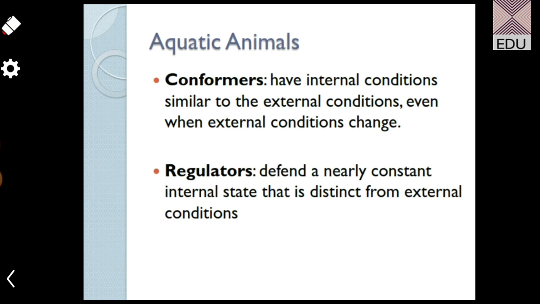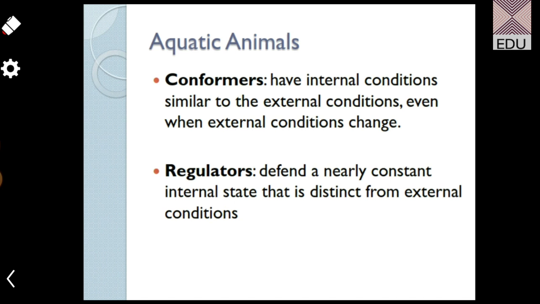So they have internal conditions similar to the external conditions. They change very similarly according to the outside conditions. Now what are regulators? They defend a nearly constant internal state. So they are not changing their internal conditions according to the external environment.